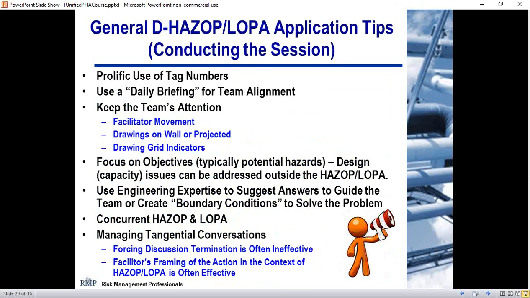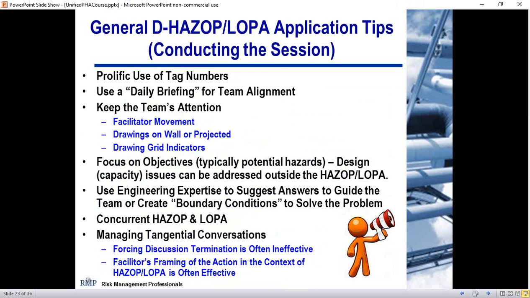I can sense that because I'm familiar with it and I'm listening very carefully to the discussion, whereas they may not be even listening carefully to each other. Neutralizing that can be done very effectively if you use very specific equipment names and very specific tag numbers as you're rolling out these scenarios. It helps people do a good job. It helps people stay focused so you can get the job done faster.